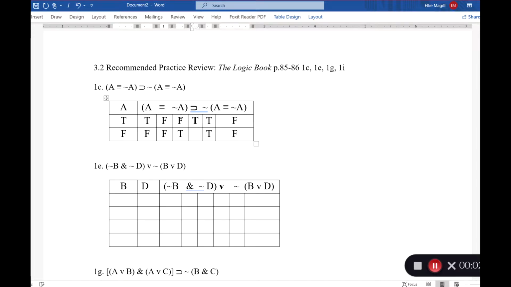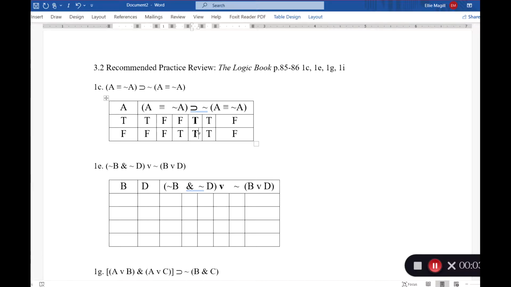So this is true. And then in our second column, we have the same exact thing, right? We have our false antecedent and our true consequent, so it's true here. So we finish the truth table, we look at that center bolded column of our main connective, and we can see that this sentence is true on both rows. So for 1C, this sentence is logically true.